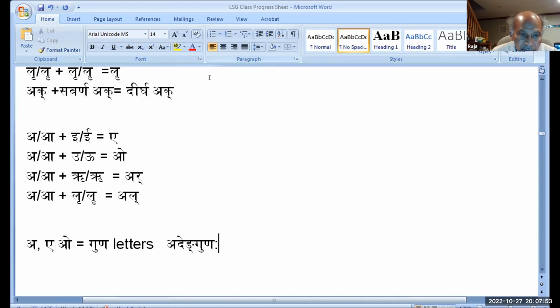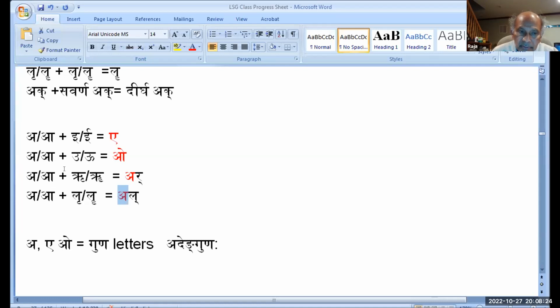Then we define another definition. So if you look at this, what is happening in this one is, this is a guna letter. You agree? That's what we define. This is a guna letter. This is a guna letter. E, U, Ru, Lu are just vowels.